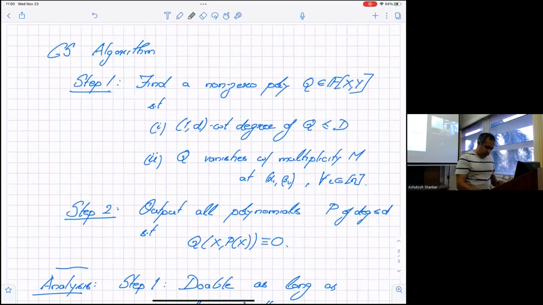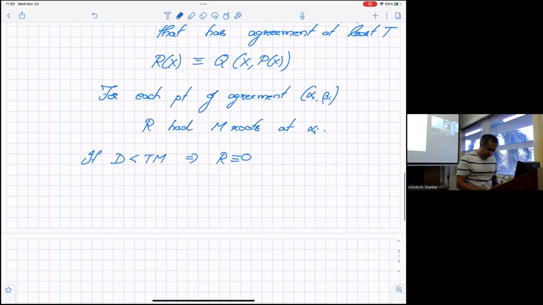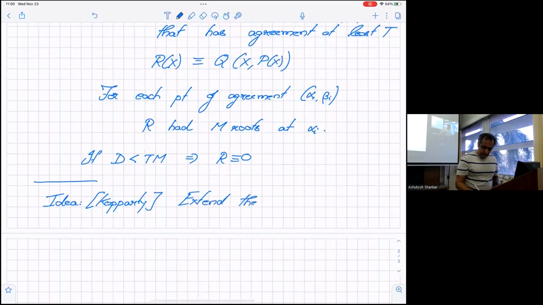We'll take each of these steps, and the idea is going to be, first, to extend the above plan to the multiplicity setting.